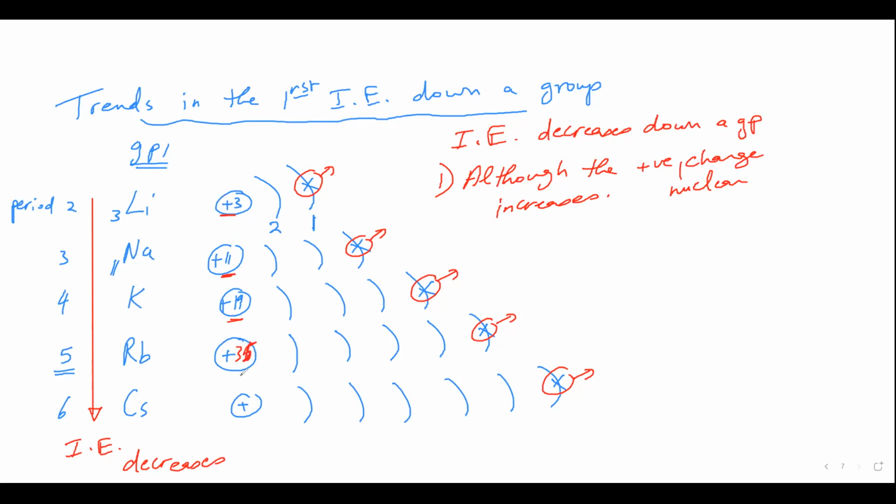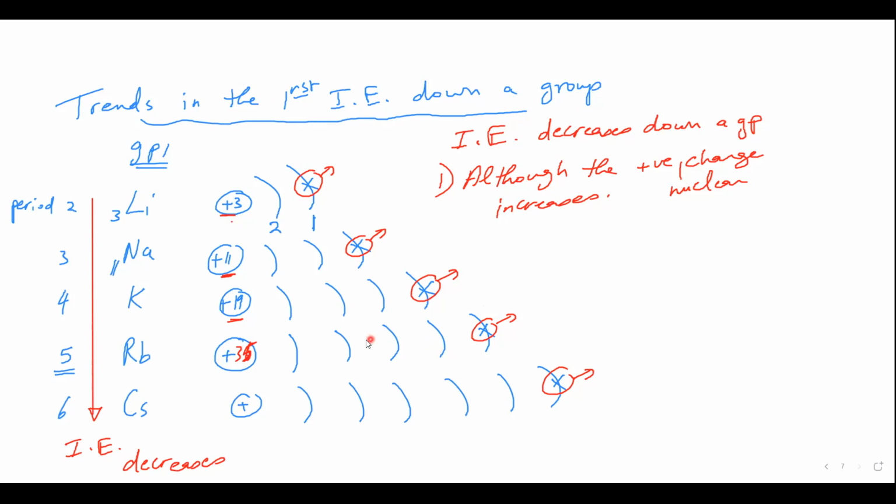So as you go down the group, the positive nuclear charge increases, and we would expect that the attraction force between this increasing positive charge and the electrons will increase. It's correct, really, the attraction force increases as the nuclear charge increases.